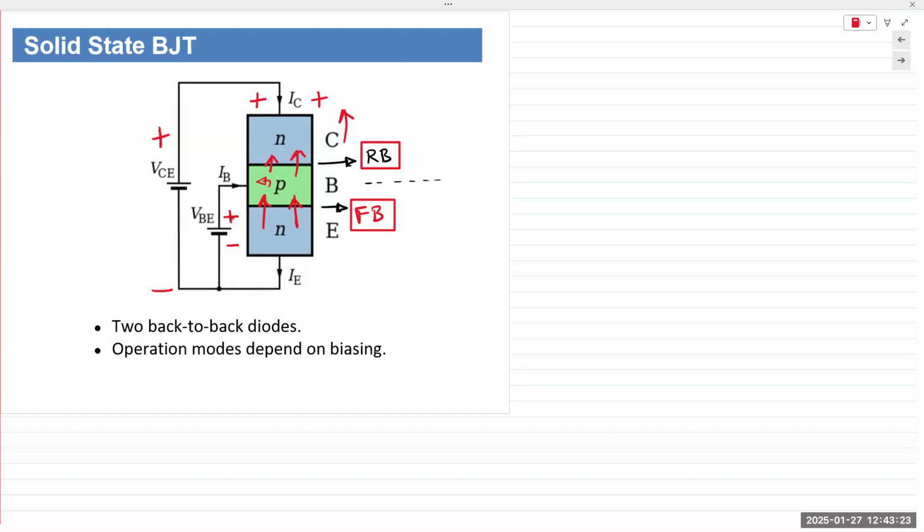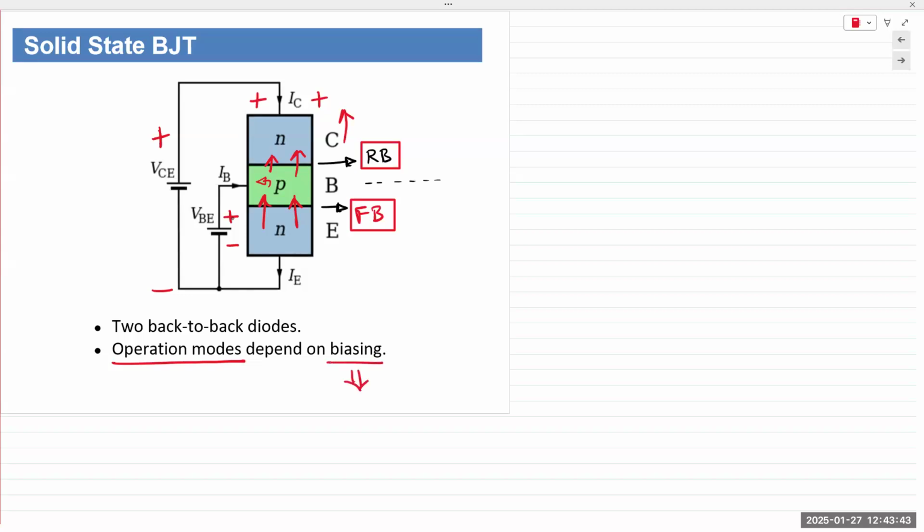The operating modes: there are 4 different operating modes. One of those 4 is kind of like a forbidden mode, meaning it's essentially useless for operation. We don't bias our transistors in that mode at all. But the operating modes depend on biasing.